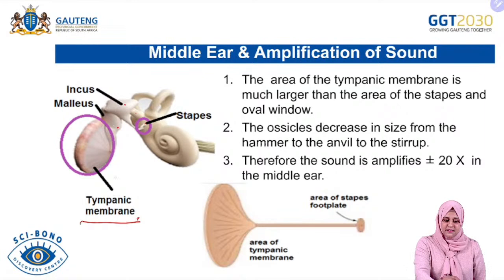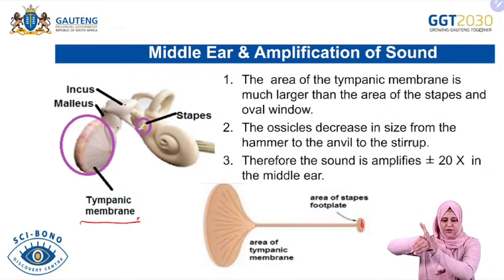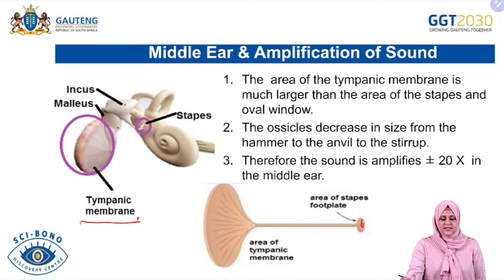You can see we have the tympanic membrane, then a slightly smaller malleus, a slightly smaller incus, and then a small stapes. The foot plate of it lies against the membrane. So the ossicles decrease in size from the hammer and the anvil to the stirrup. Therefore, sound is amplified approximately 20 times in the middle ear.